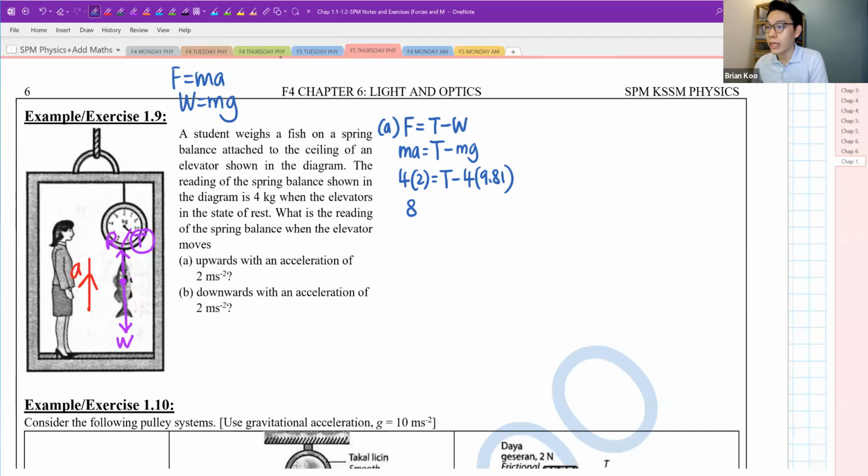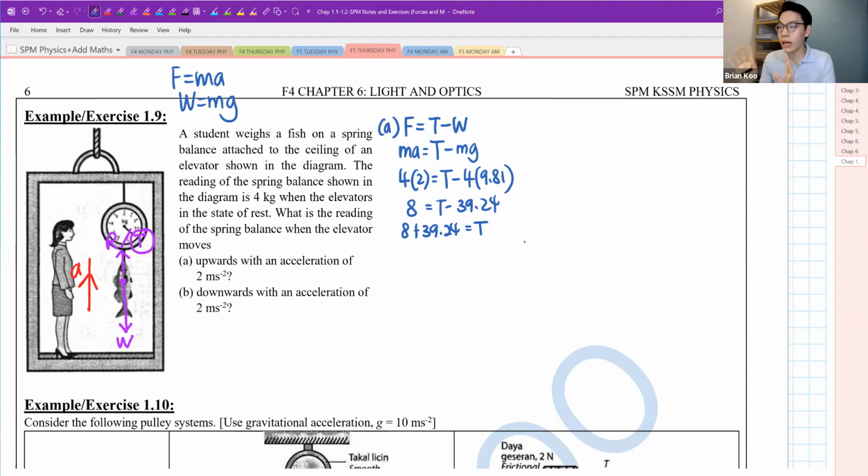So this is going to be 8 equals to... if you are very fast, you can straight away calculate T. If not, you do slowly. The rest is not physics anymore, it's just maths. You don't have to worry about the direction anymore. You don't have to put negative 9.81, because when we do F equals T minus W, we already consider stronger minus weaker.